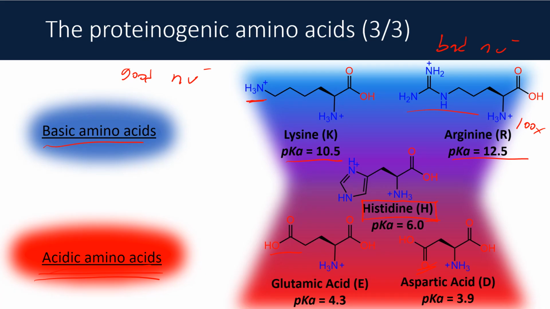It's closer to neutrality than any other sidechain pKa we've seen so far. And this means the equilibrium between protonated and deprotonated side chains will be the least skewed. So histidine is going to have this ability to sort of moonlight in both camps, which I think makes it really cool. Let me explain that a little bit further in the next slide.